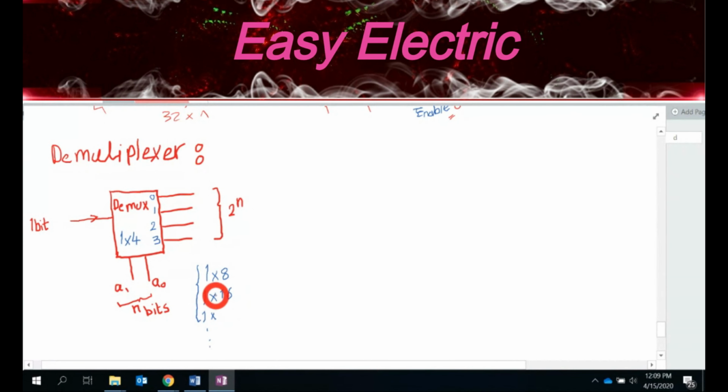So that means you have 1 input, 16 outputs. If n is 5, it should be 32, and again you could increase the address, and 2 power n all the time will be the output, and all the time you have just 1 input for your demultiplexer.